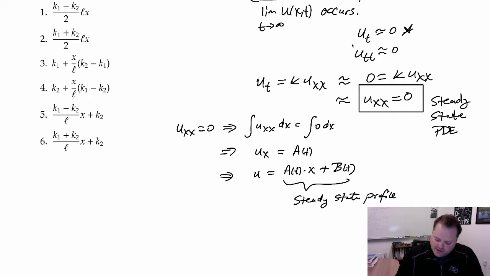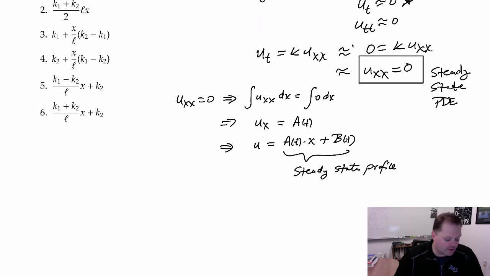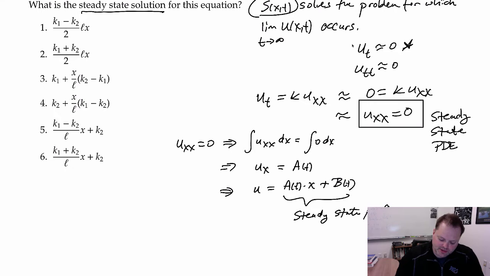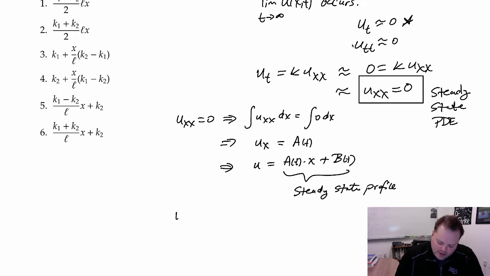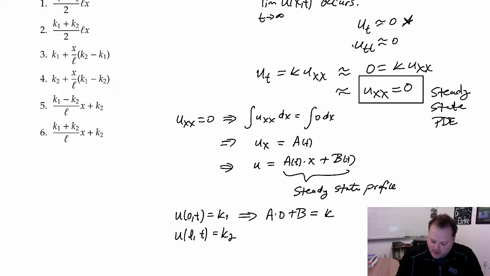It varies linearly across the rod, which makes a ton of sense. I'll look at the geometry of that here in just a second. But if we look at the boundary conditions here, the boundary condition at the left endpoint is K1. The boundary condition at the right endpoint is K2. So starting with the left endpoint, if I apply x equal to 0, I get a times 0 plus b is K1.